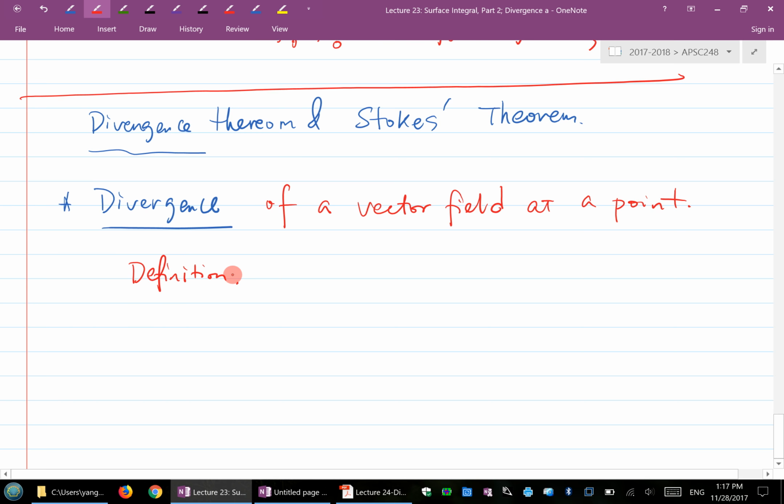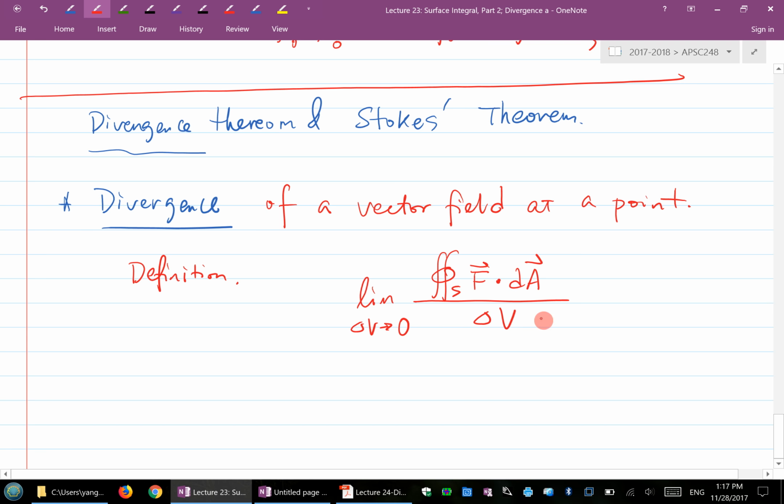The definition of divergence is this. It's a limit. Let me write it down first. So here we have a limit expression. It's a definition, so let's look at what it means.